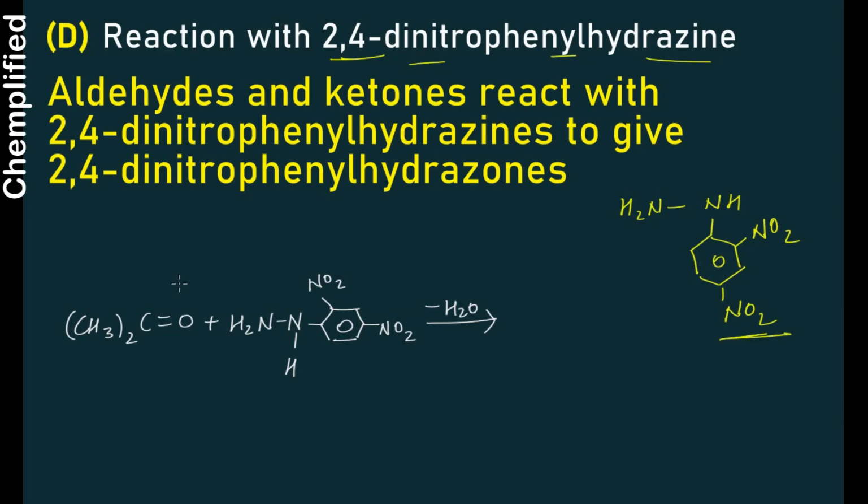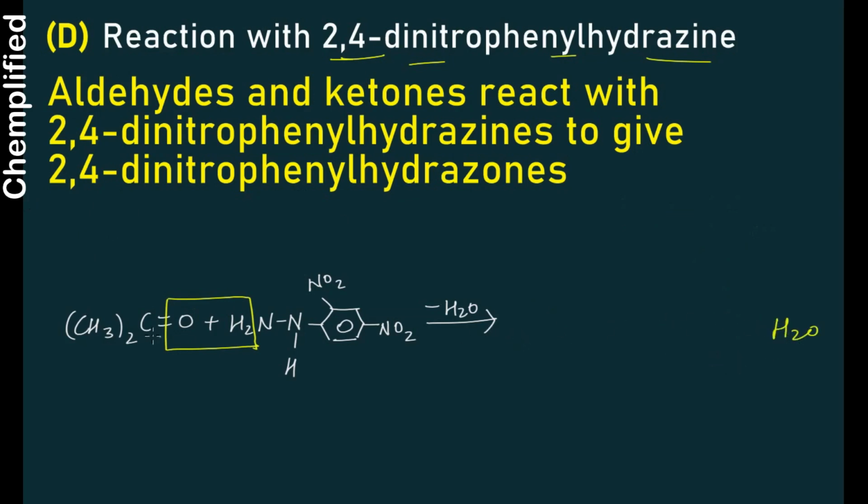Now the process is the same. The oxygen will combine with hydrogen to form water, and the final product will be, you can just guess it, C double bond N, H, C6H5 ring and 2,4-dinitro.